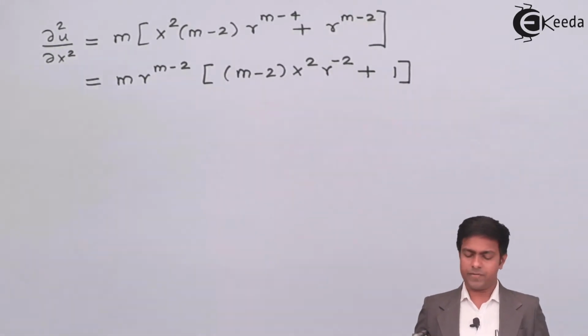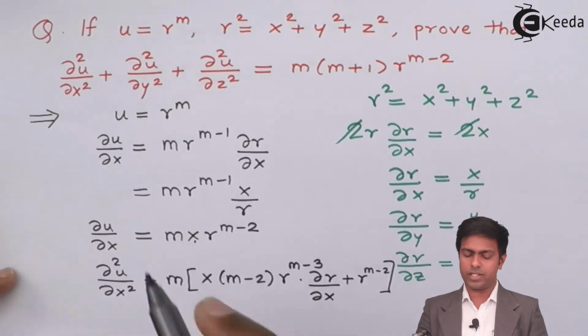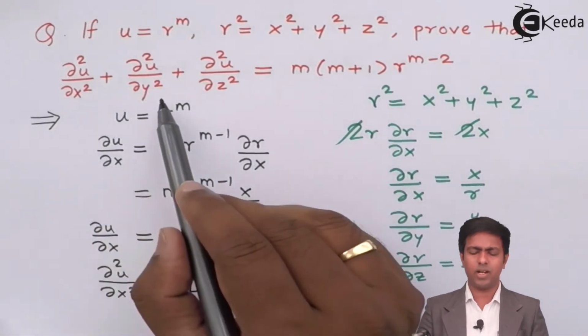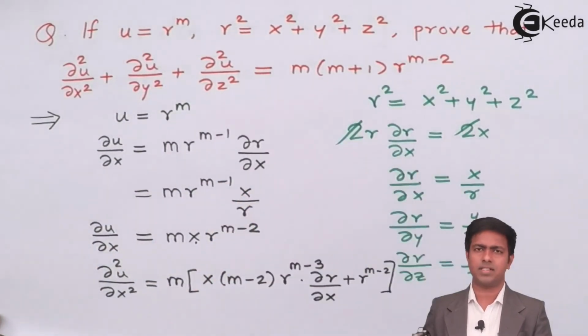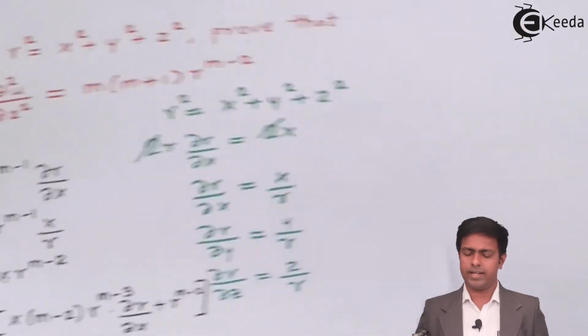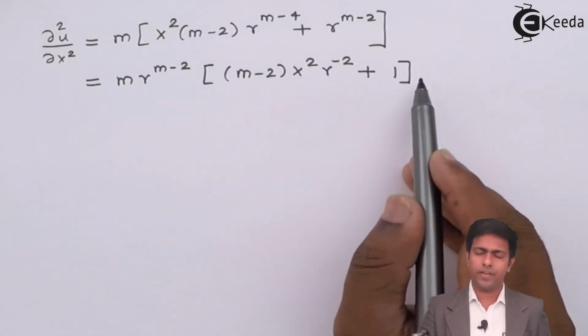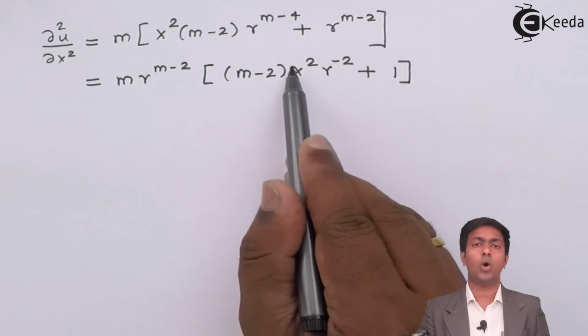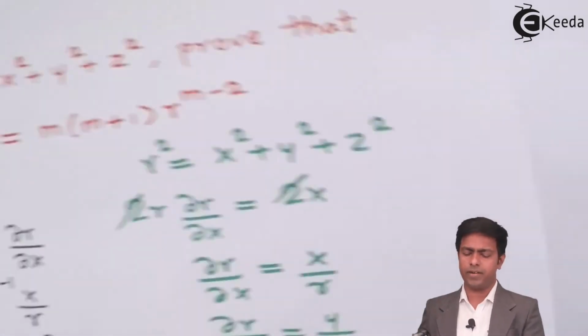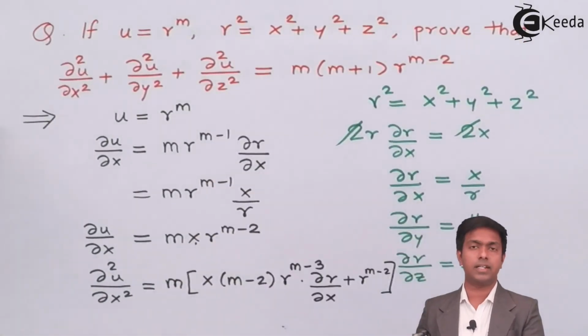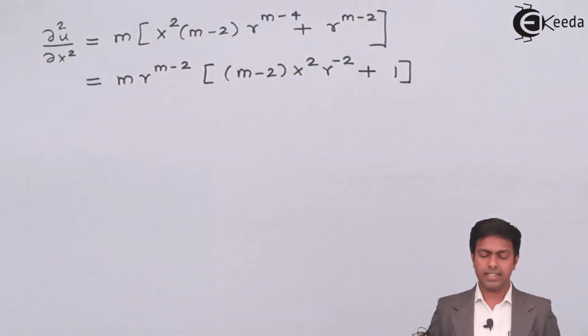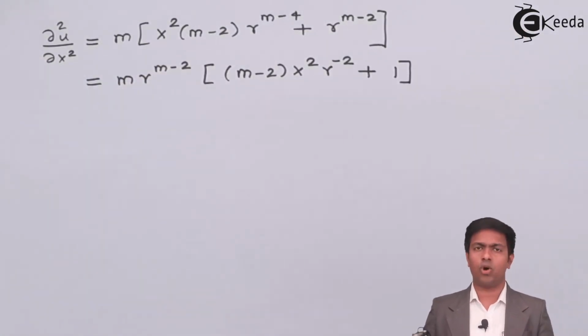Now let's find out the next value, that is the value of del square u by del y square. To get this value again we are going to follow the same process, so we are going to get the same answer. The only difference will be that instead of x we will get y. And the same thing will happen with del square u by del z square. So in such cases we will not solve all the terms.